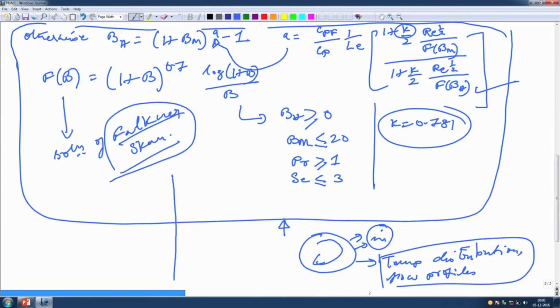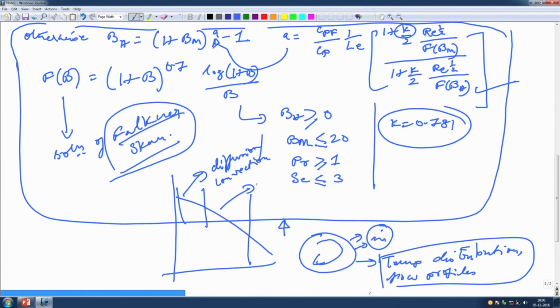That means a droplet, as we know, say it evaporates in a fashion like this. In this portion, is it diffusion or is it convection dominated? In the middle section, is it convection only, and in the later section, is it diffusion? So, these are the kind of questions that I am posing over here, which you need to know.